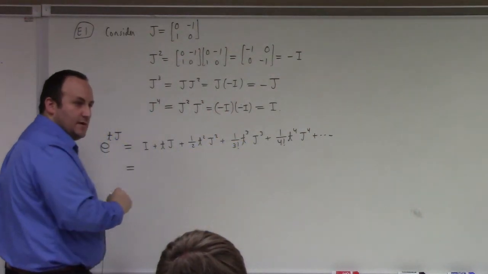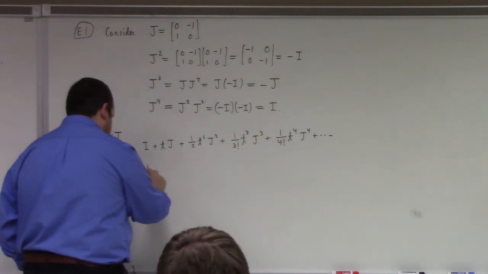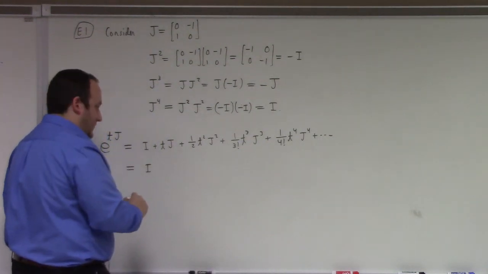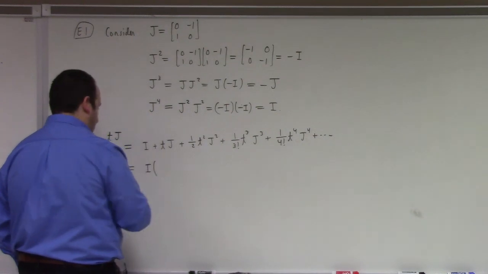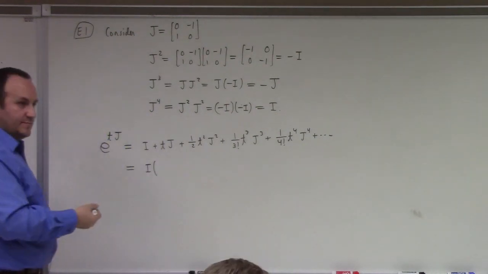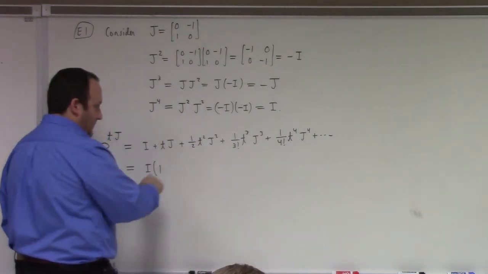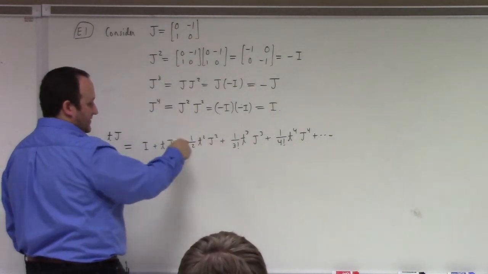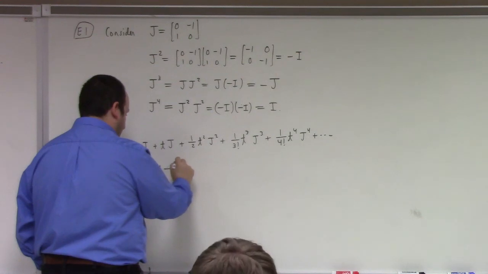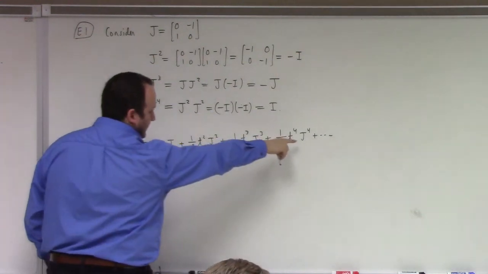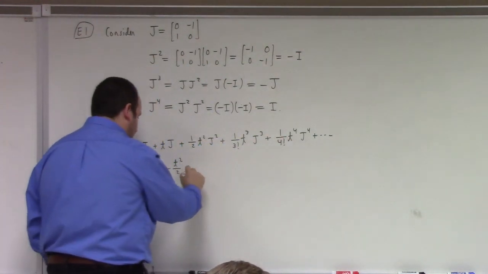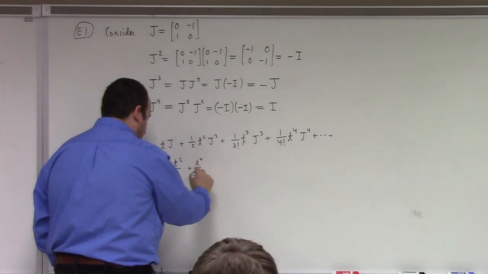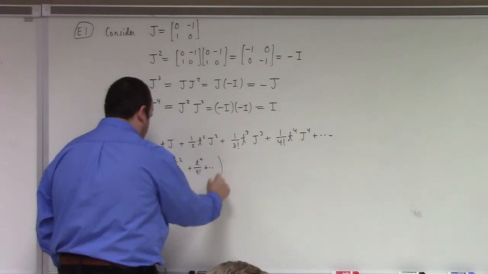I've got I times what? 1, right? J squared is minus I, so that gives me minus t squared over 2. And then J to the 4th is I, so I get plus t to the 4th over 4 factorial. Dot, dot, dot, dot.